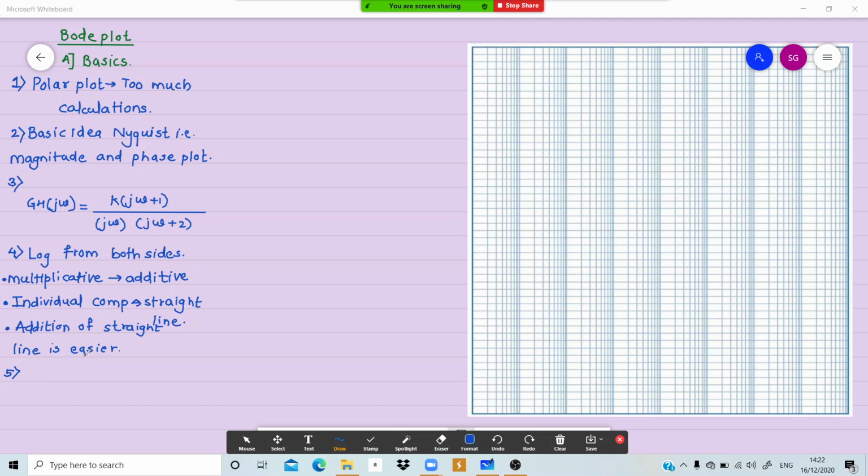So if I'm talking about the magnitude of this, then the magnitude will be K over under root omega square plus 1, divided by, yes, omega, and the second term will be under root omega square plus 4. So now this is the magnitude. And if you are talking about the angle, let me separate this.